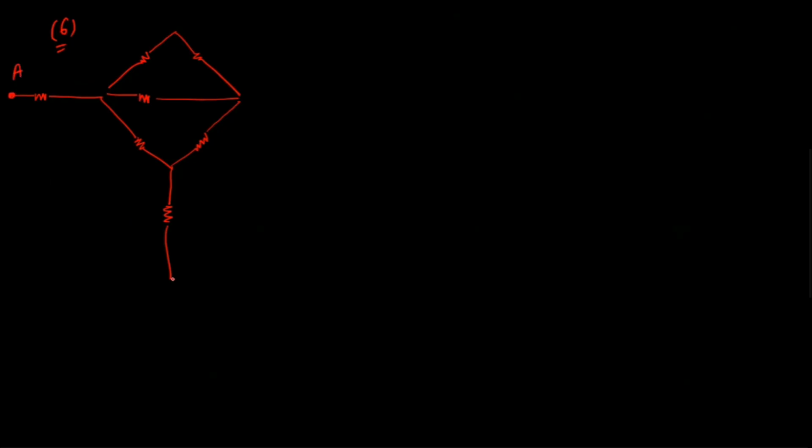This is my A point, this is my B point. Each and every resistor is having a value R. You have to find once again R_eq between A and B. Try it out and tell me what it should be.